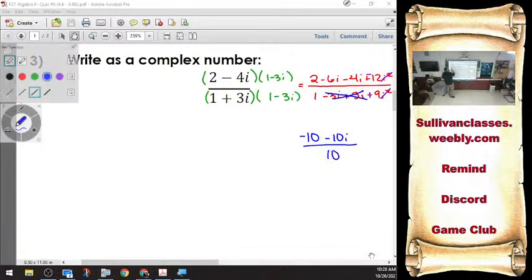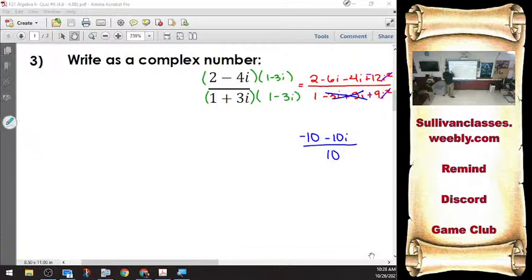Do not freshman math. Y'all, the number of times I see a kid do that, bad. They are both over 10. Okay. Math is communist. What you do for one, you do for all.